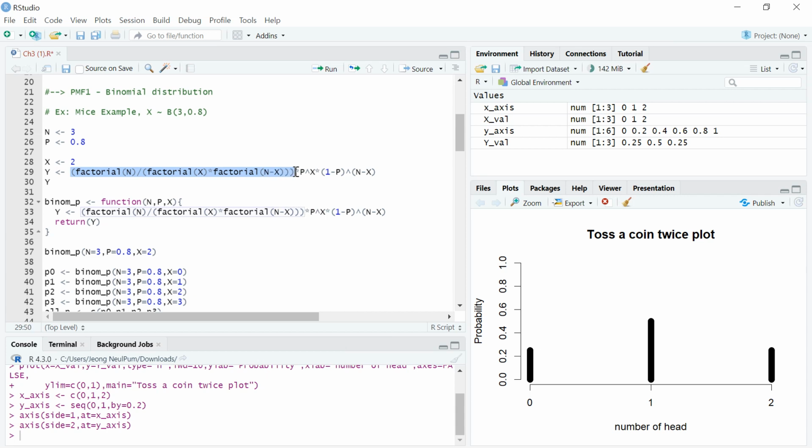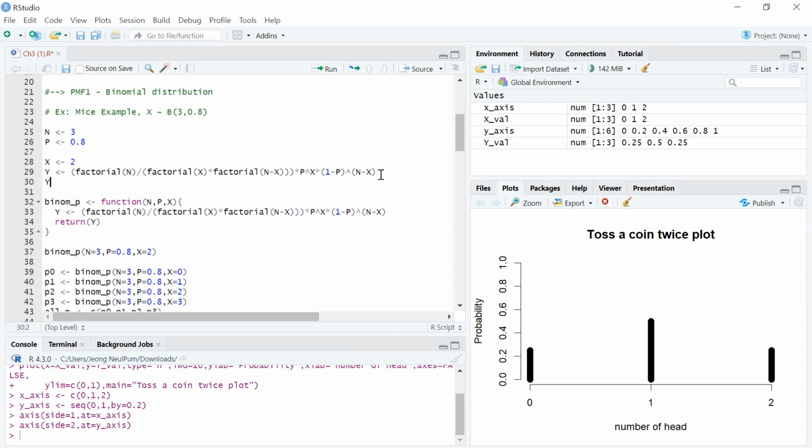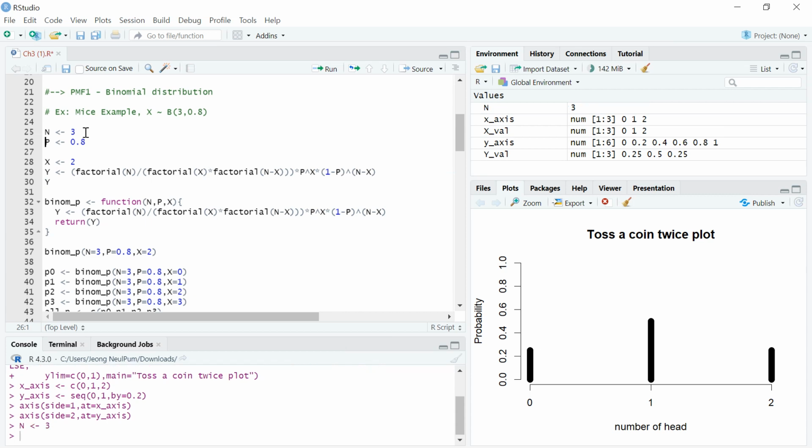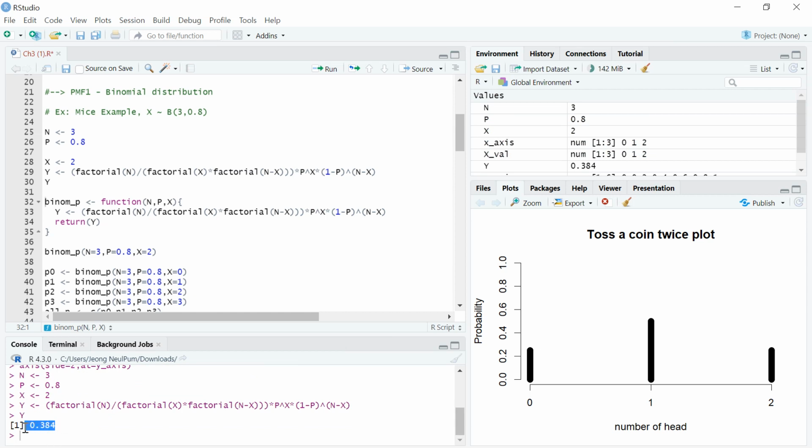This part is just for n combination x, so we use the factorial function for getting the combination value. The other part is p to the power x and also (1 minus p) to the power n minus x, which is the same as this part. Because we have each parameter and formula, we can see that we have the y value as 0.38 as the density.